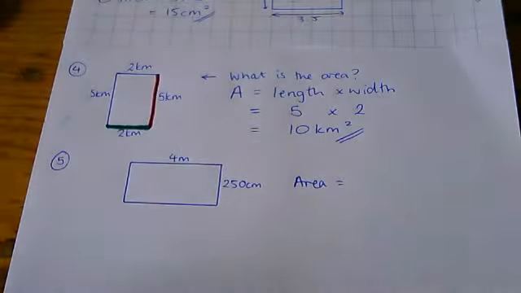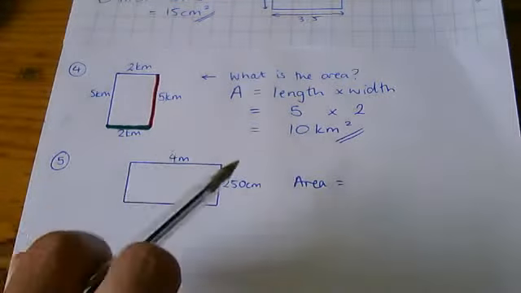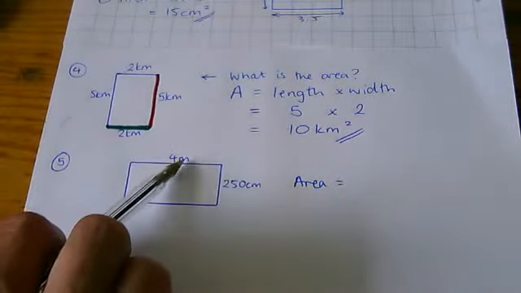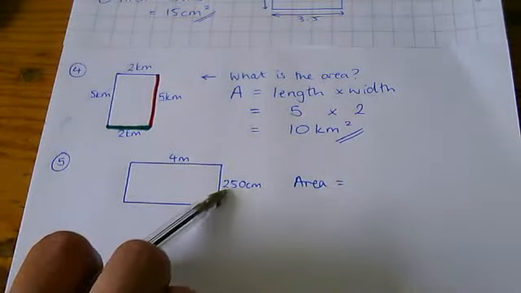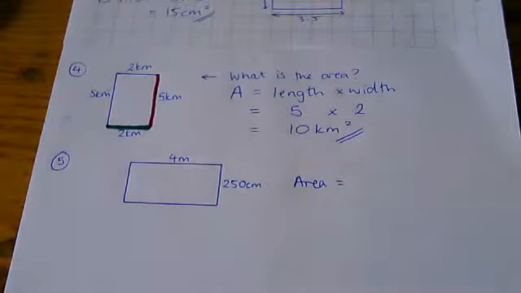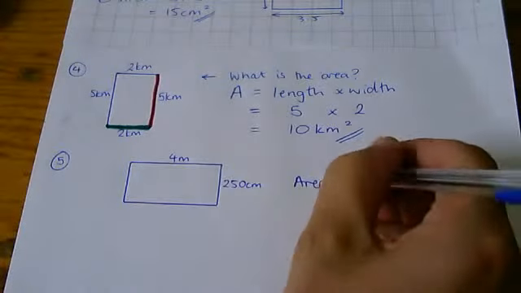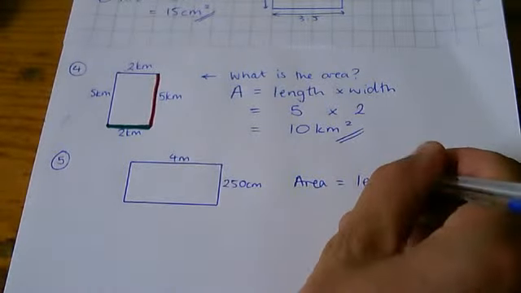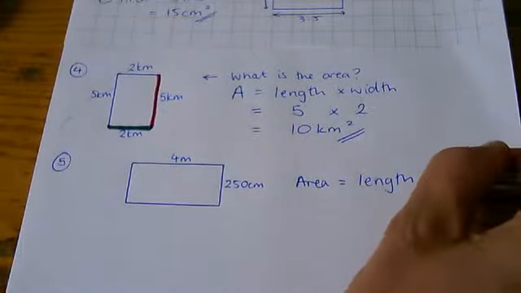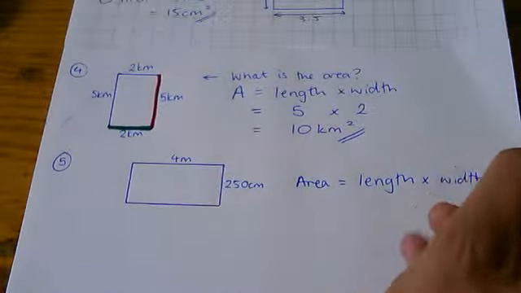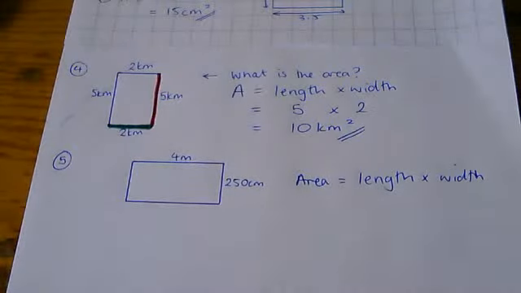This one, number 5 here, again a units issue. You need to look very carefully here. 4 meters, 250 centimeters. It's no good using this formula, length times width, unless your numbers are in the same units.